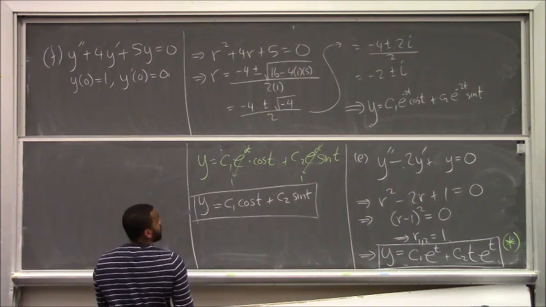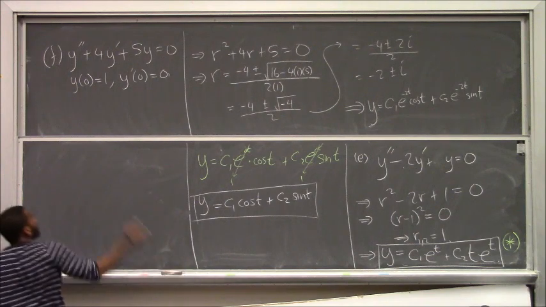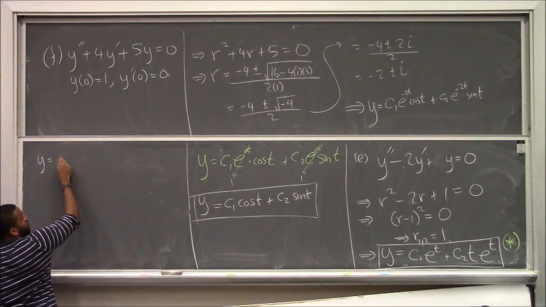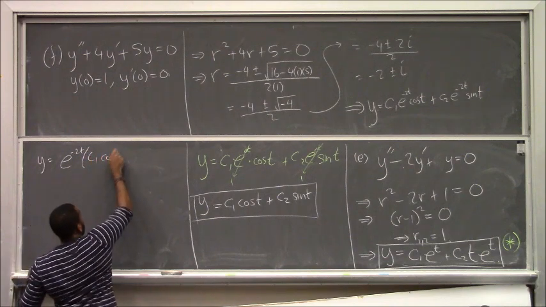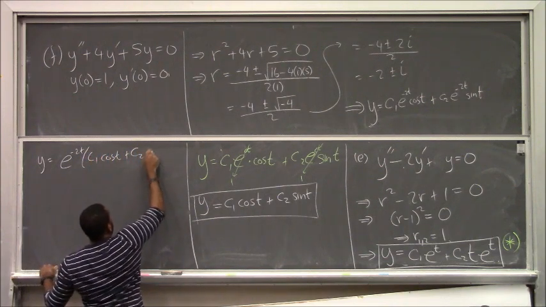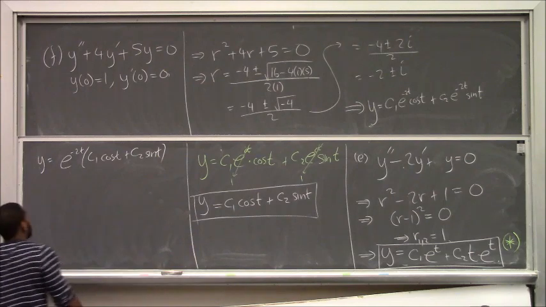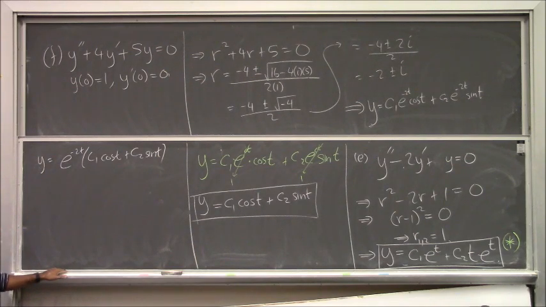So, in other words, my y is equal to e to the minus 2t times c1 cosine of t plus c2 sine of t. Happy now? Yes. Okay. All right, now we need to plug in the initial conditions, so we need to know what the derivative looks like. How to find derivatives, I've got to take it way back.